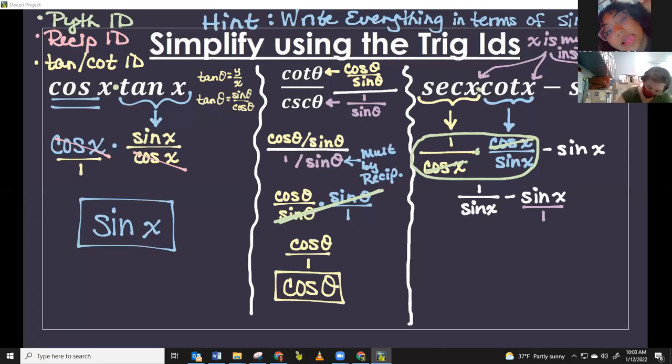Sine of x. So I'm going to multiply top and bottom by sine of x so that I can give it a common denominator. All right, so I would have 1 over sine x minus sine x times sine x would be what? Sine x squared.